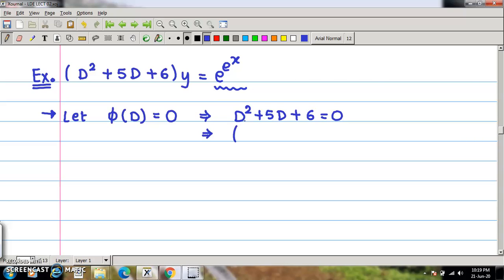That is, the factors for this equation are (D plus 2) and (D plus 3) equal to 0. So for the quadratic auxiliary equation we got two real and non-repeated roots, that is minus 2 and minus 3.